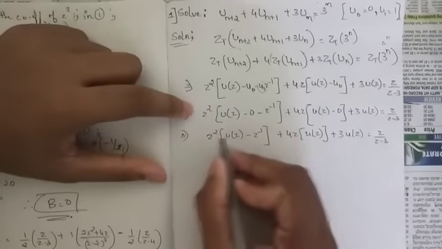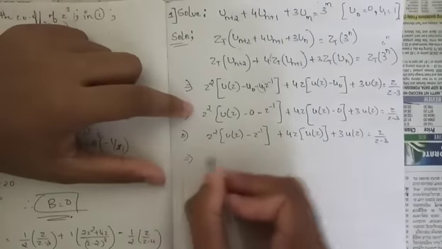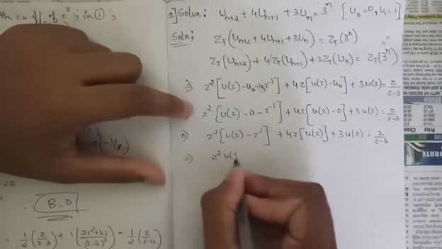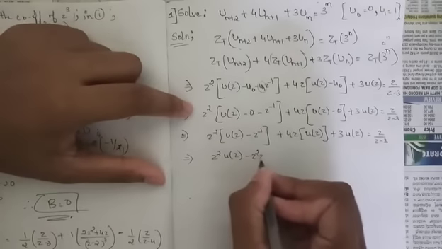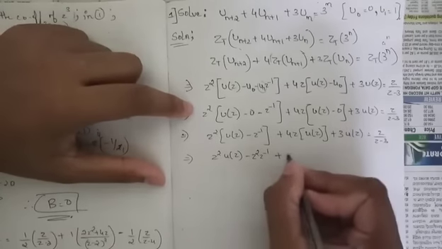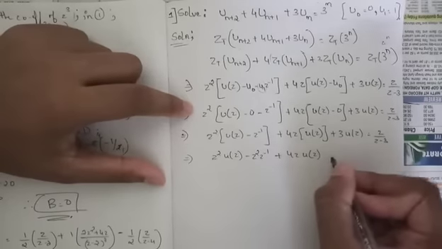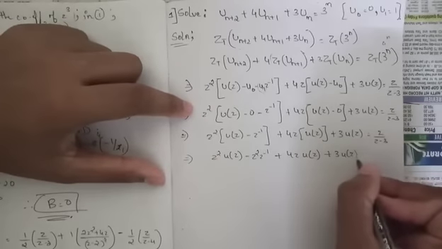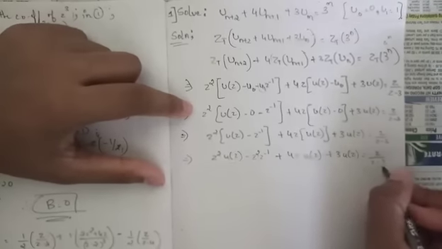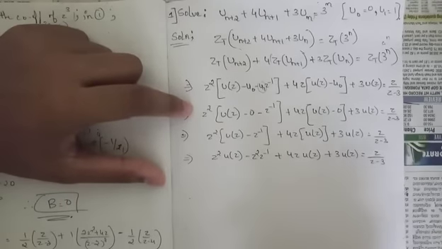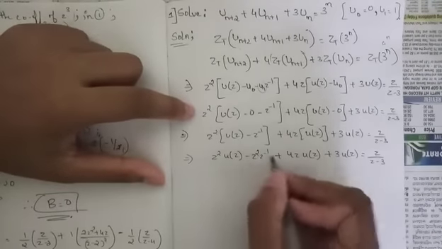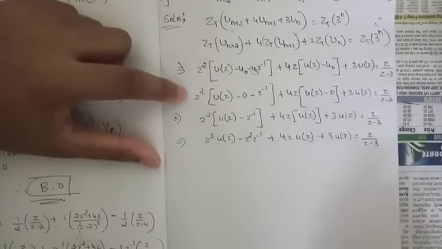Now multiply z square to both the terms, so it becomes z square into u of z minus z square z inverse plus 4z into u of z plus 3 into u of z equal to z by z minus 3. So what is this z square into z inverse?